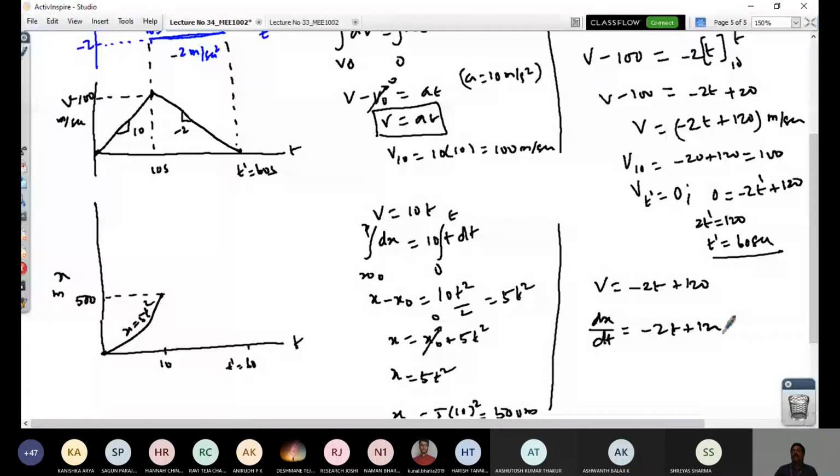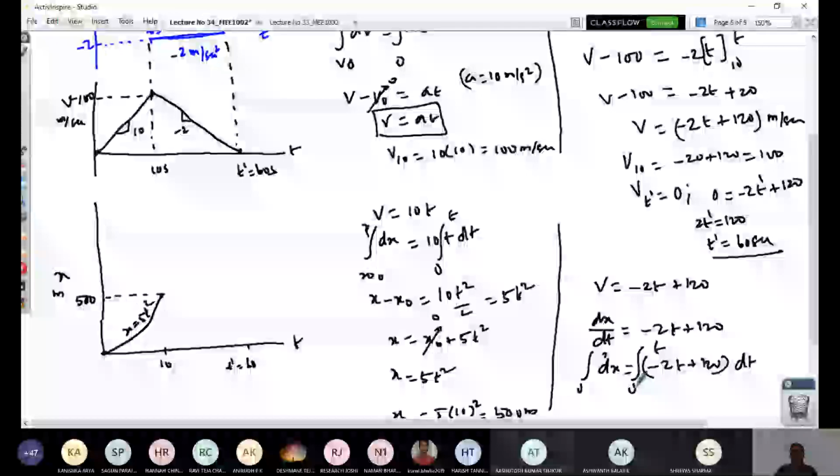So I'll have dx equals (minus 2t plus 120) dt. Integrate this, not from 0 to t, since I'm taking this interval, so from 10 to t, and here at t = 10 it is 500 for x. It's very important, see this limit on x.